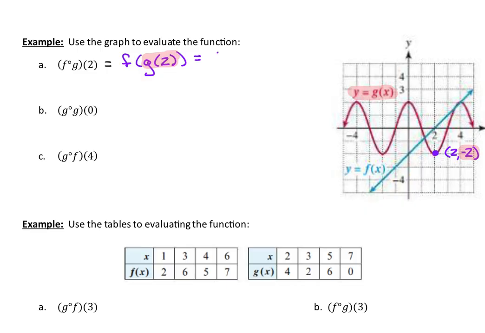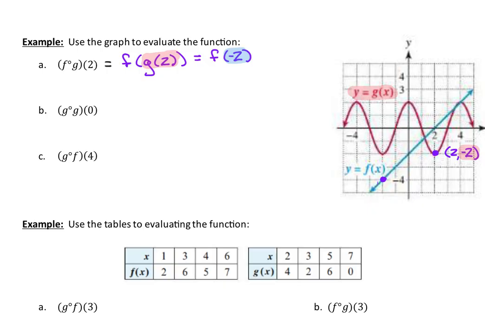All right, so when we plug that in, we get f of negative 2. So now it's just a regular function of f. We want to know what is y when x is negative 2 on our blue graph. And so we are going to look for a point that has an x-coordinate of negative 2, and it's going to be right here.